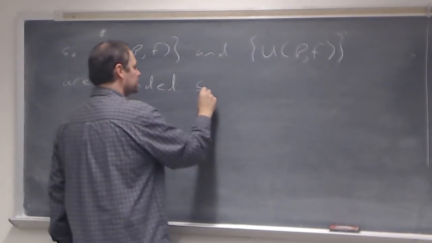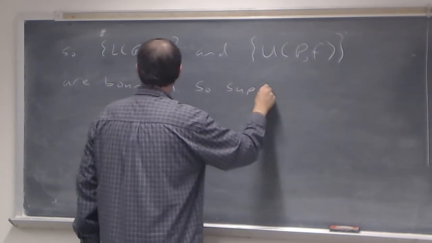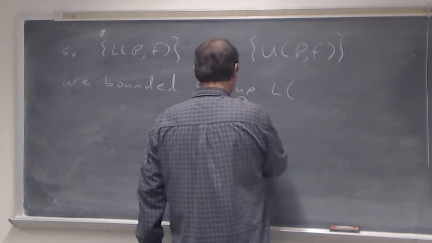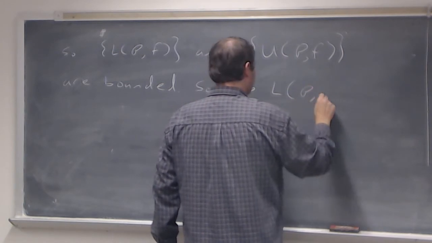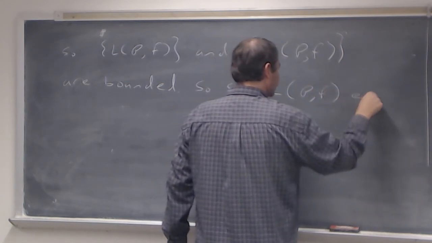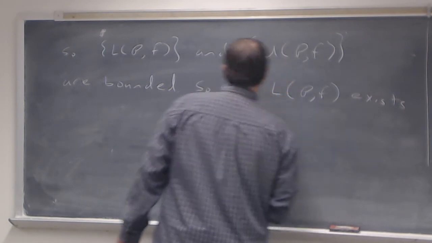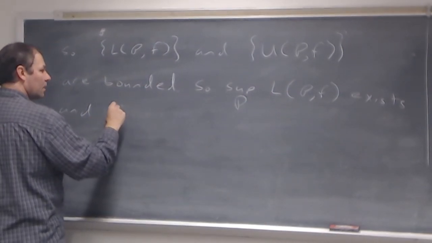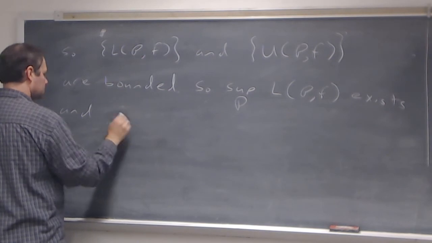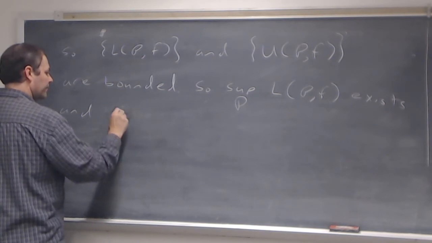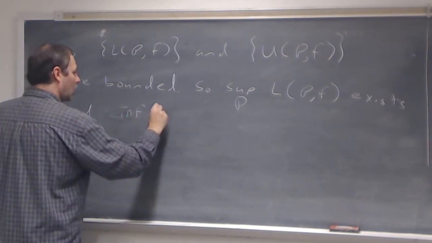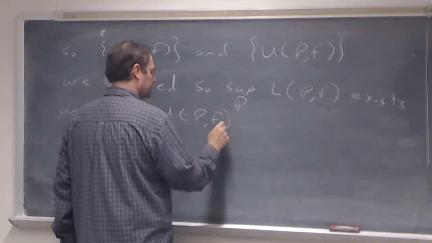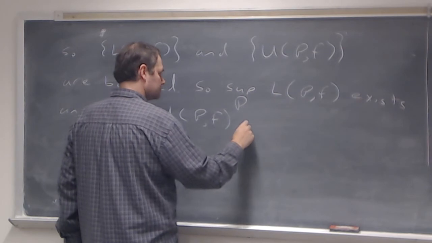So what that says is that the sup of L over all partitions P of f exists, and so does the inf of all the upper sums.